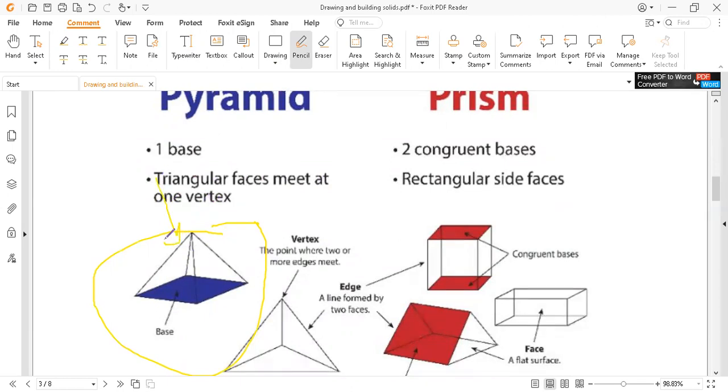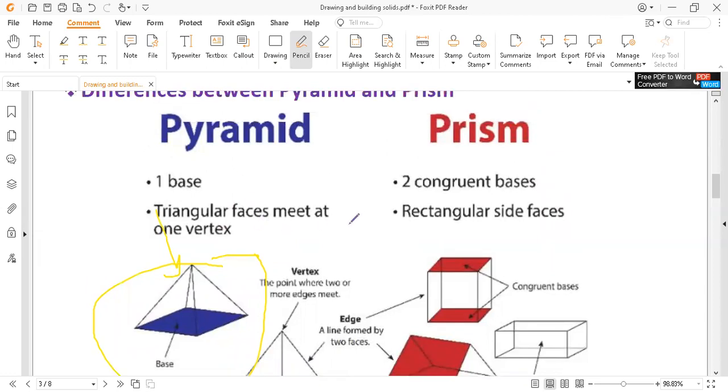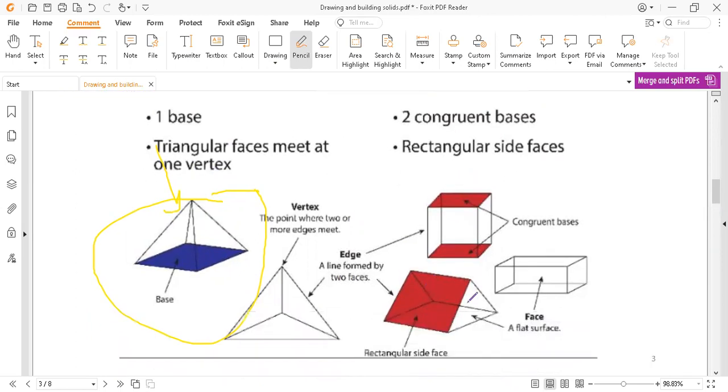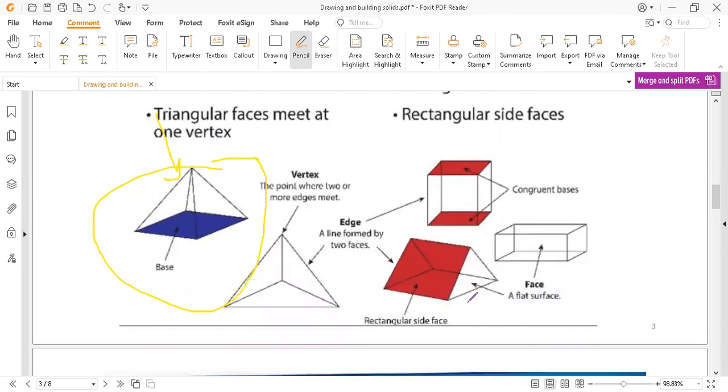It is one of the characteristic features of the pyramid. For the prism, we don't have a similar characteristic. We have all 6 rectangular side faces, and each pair of opposite faces are congruent and identical.